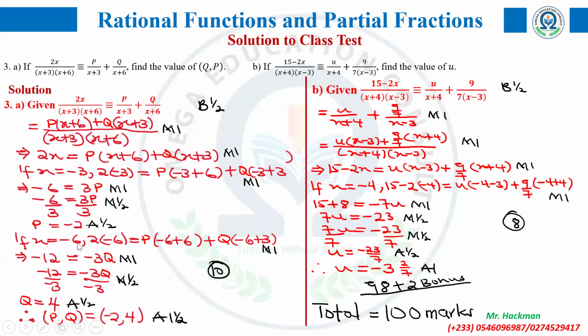If s is equal to negative 6, substituted and simplified will give you q is equal to 4. So now you come and draw your conclusion. Therefore, what you were asked to find, you leave your answer as a point in brackets, PQ is equal to minus 2, 4.